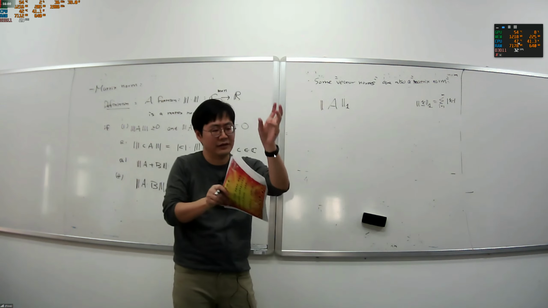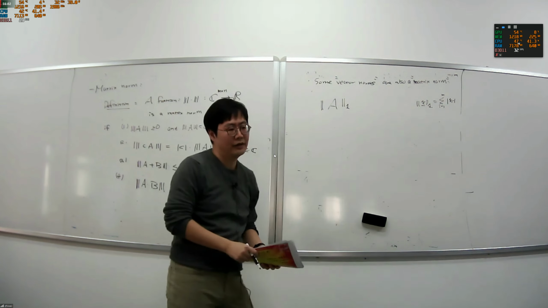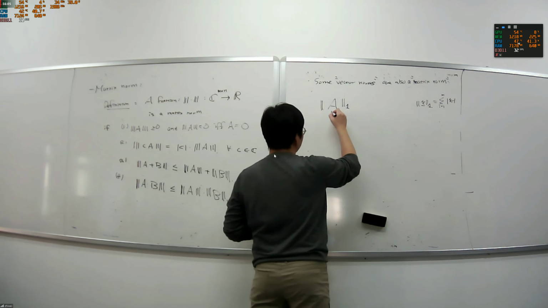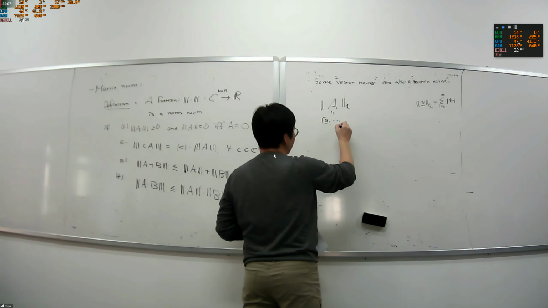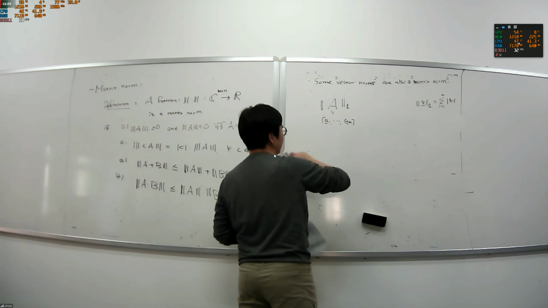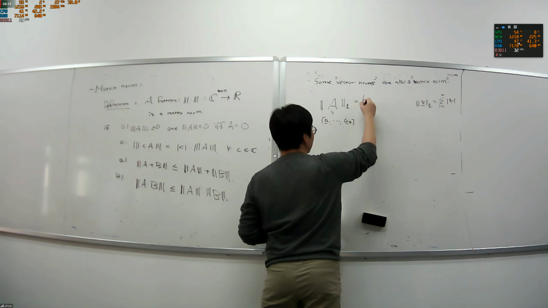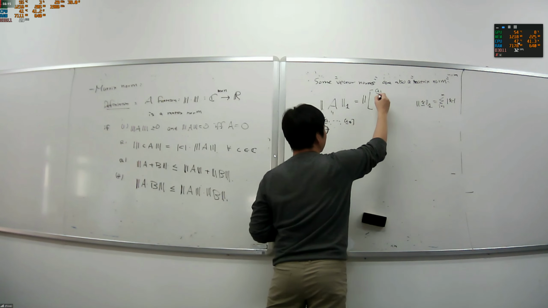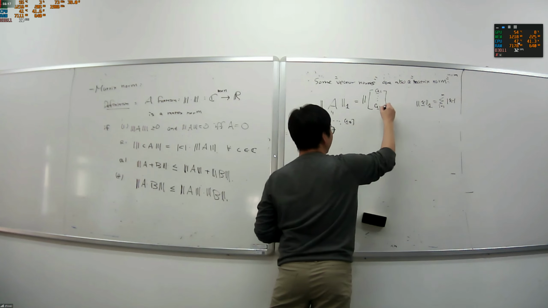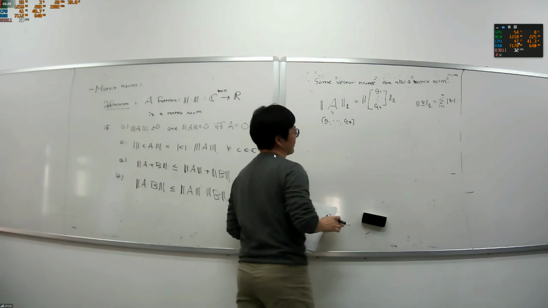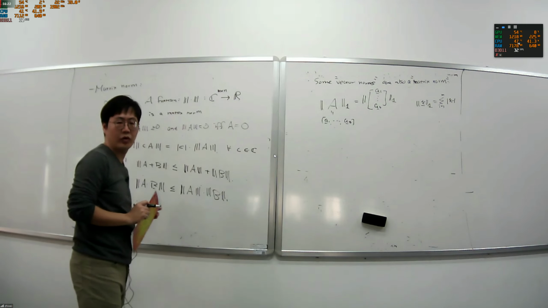So for example, this is A1 to AM, up to AN. It means that you stack them into a vector, then apply the vector norm.